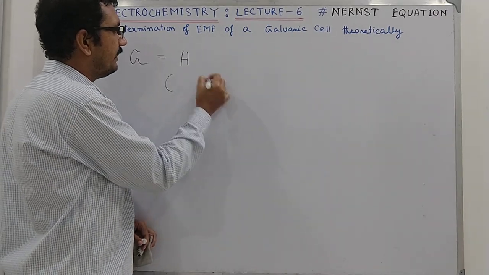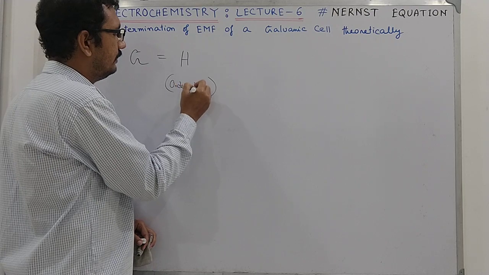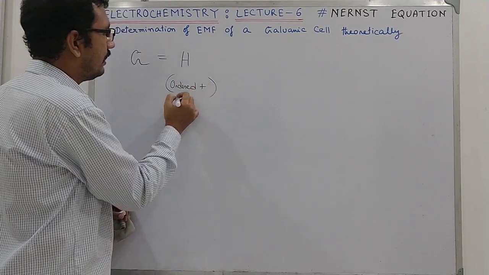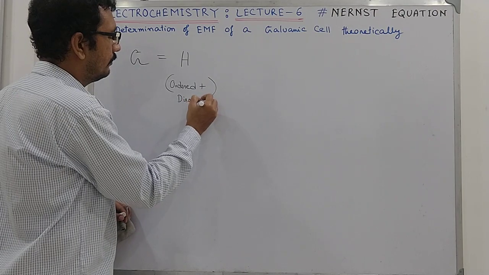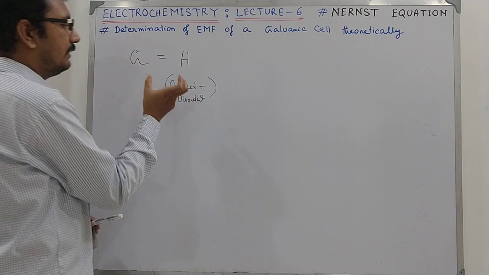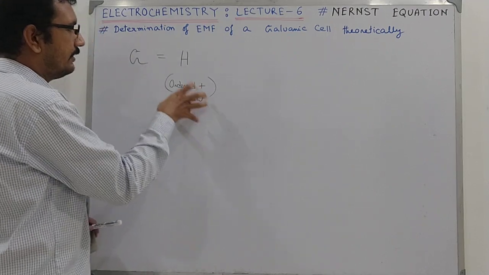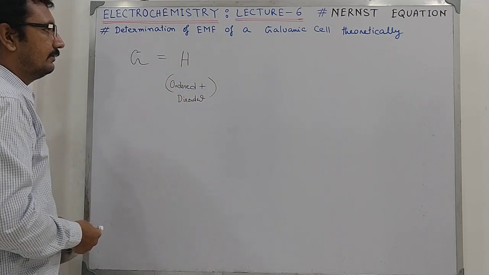So it can be roughly claimed that it is both ordered and disordered, total. So in a system, the total amount of ordered and the total amount of disordered energy will be accounted for by this enthalpy.